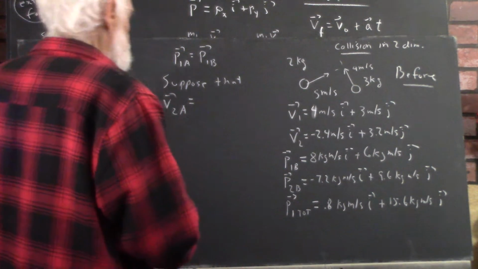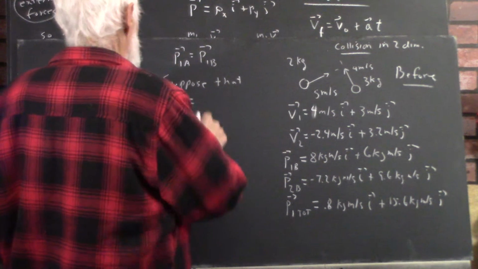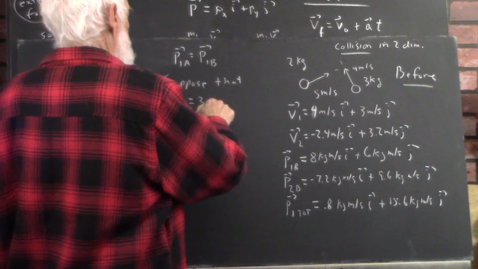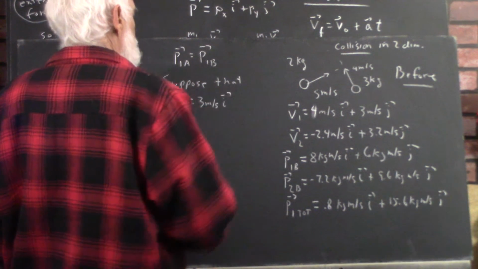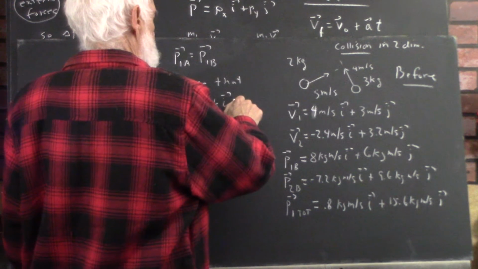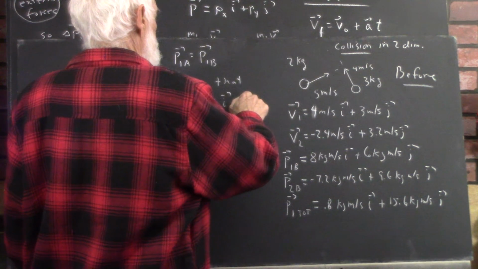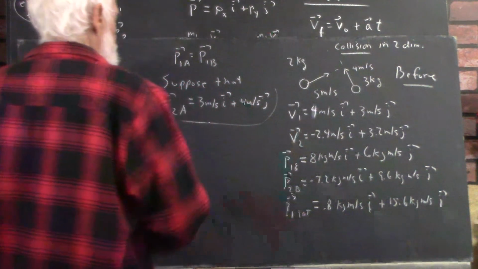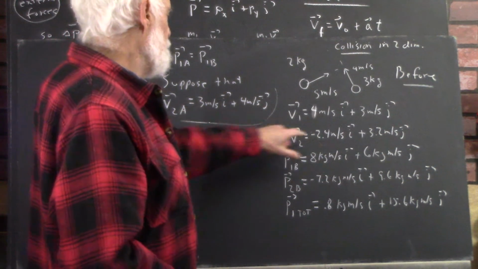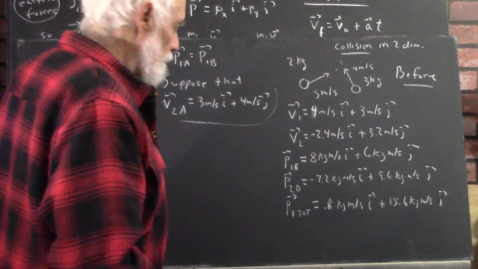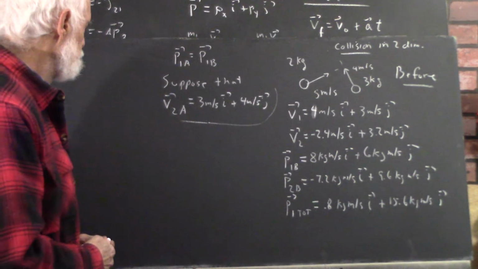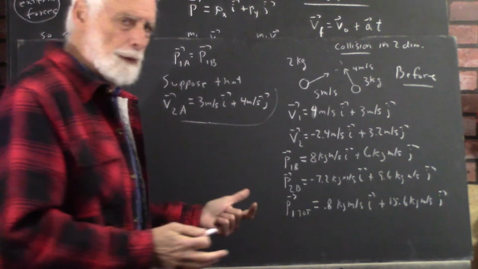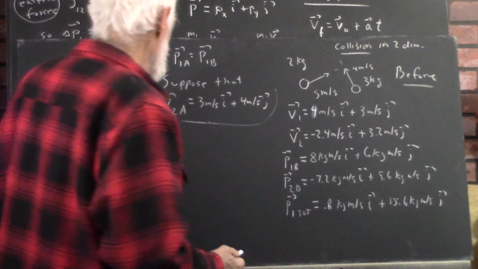And let's just say that it's 3 meters per second times I plus 4 meters per second times J. Now that's totally unrelated to the fact that you got 4 here and 3 here. That's just another coincidence, except it's not really a coincidence because those are easy numbers that seem to kind of fit here.